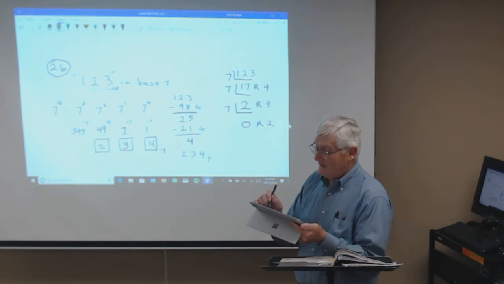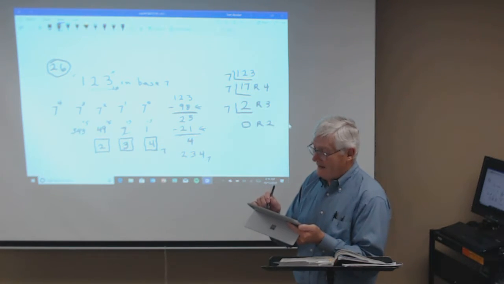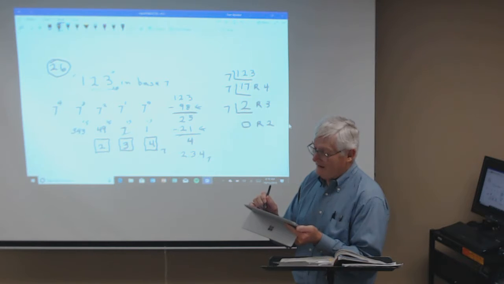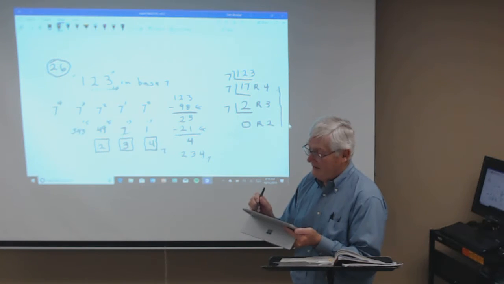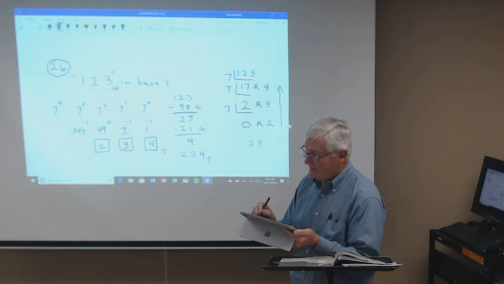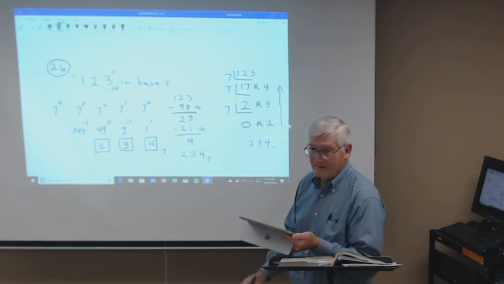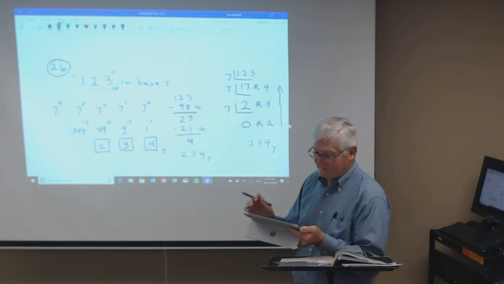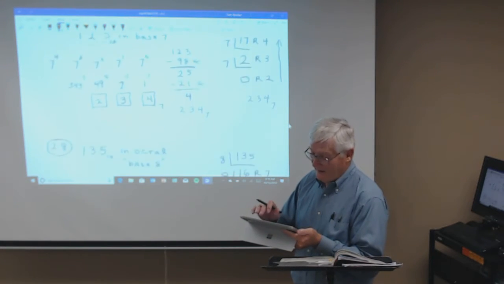And then I take 17, divide by 7, and I get 2. 2 sevens is 14 with a remainder of 3. Then I take 2 and divide by 7, and I get 0 with a remainder of 2. So what's the answer? Remember, you're reading up. 2, 3, 4 in the base 7. What do you think? Are we on our way?